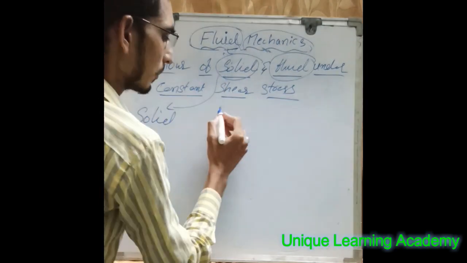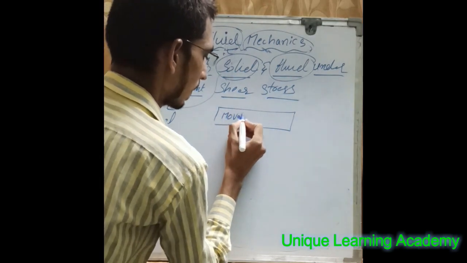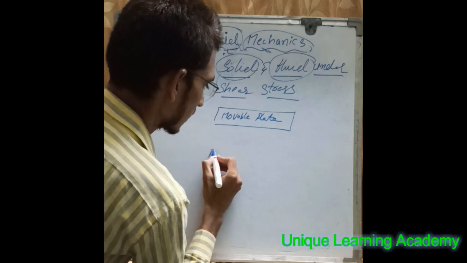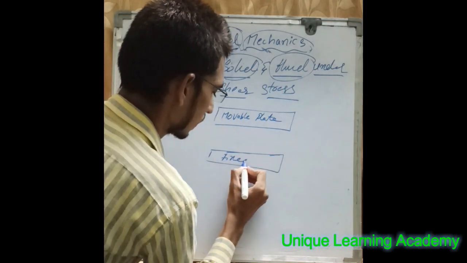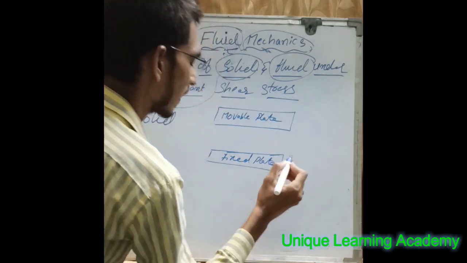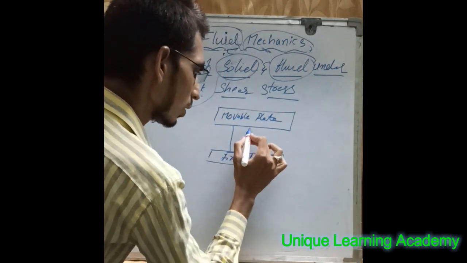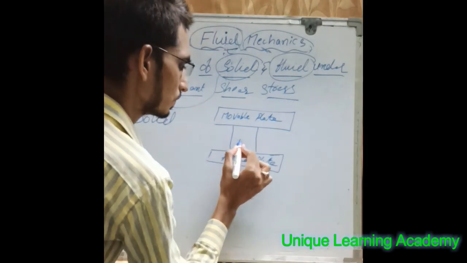So let us have a plate. This is a movable plate, and let us consider this a fixed plate. These are the movable plate and the fixed plate, and this is for the solid.